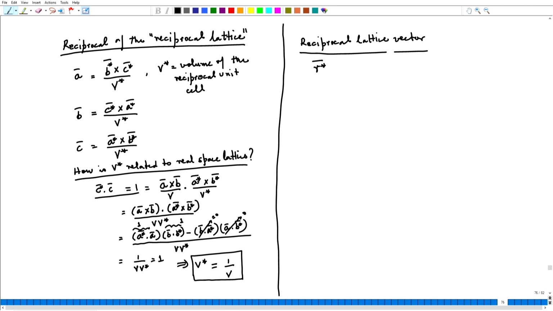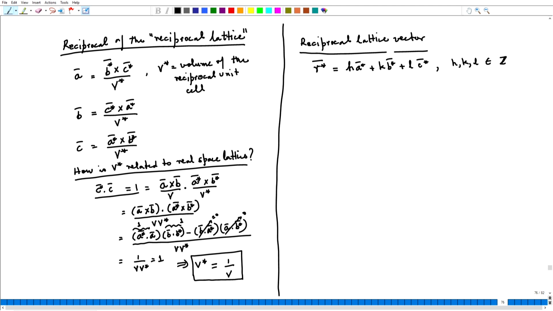In real space, I was defining it as R, and I have H A star plus K B star plus L C star, where H, K and L are integers.